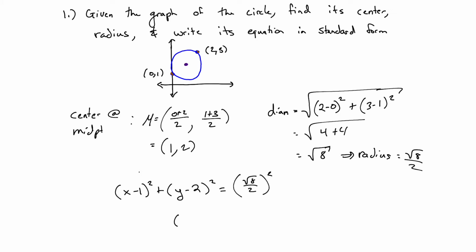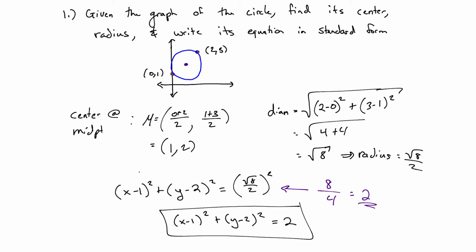So (x − 1)² + (y − 2)² equals, and I'm just going to compute this off on the side, square root of 8 squared is 8, the 2 squared is 4, which is 2. So this should just equal 2. And that is the equation of our circle.